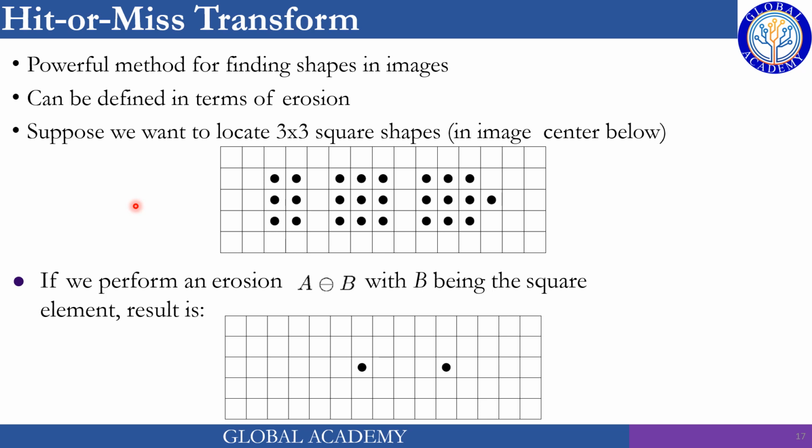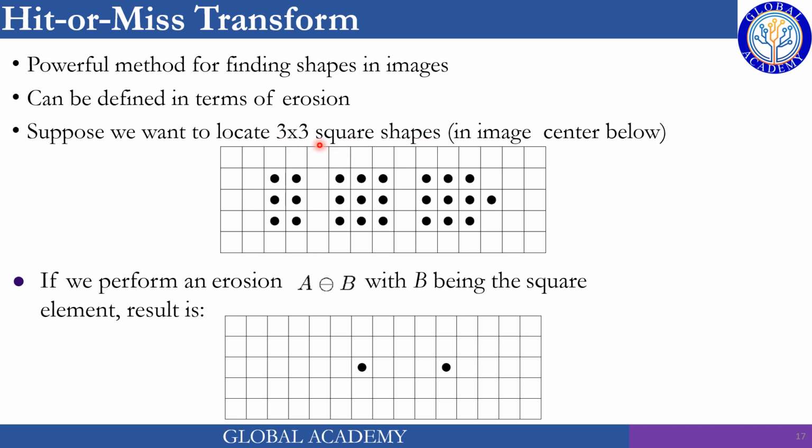Hit or miss transform. It's a powerful method of finding shapes or templates. It's like template matching, but for smaller templates or smaller shapes, smaller in number of pixels, so it can be defined in terms of erosion. Like we have a 3 by 3 square shape.